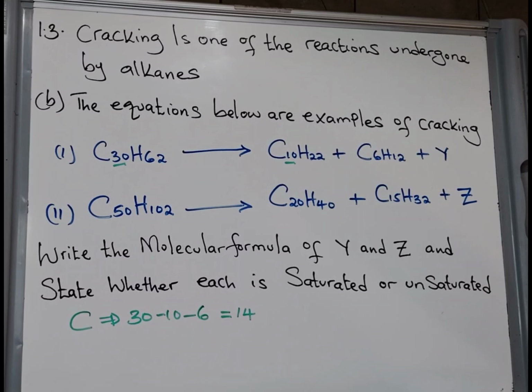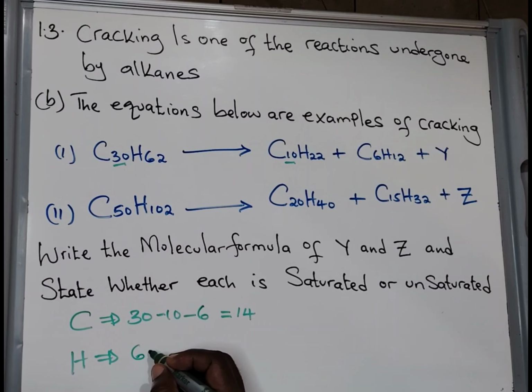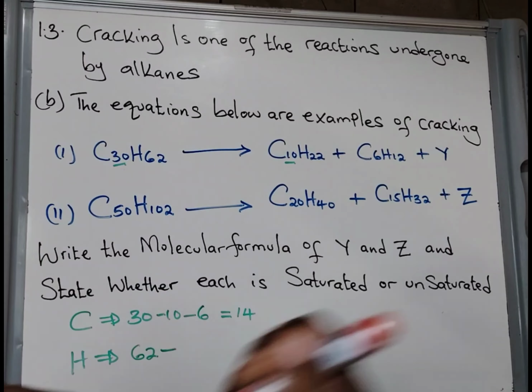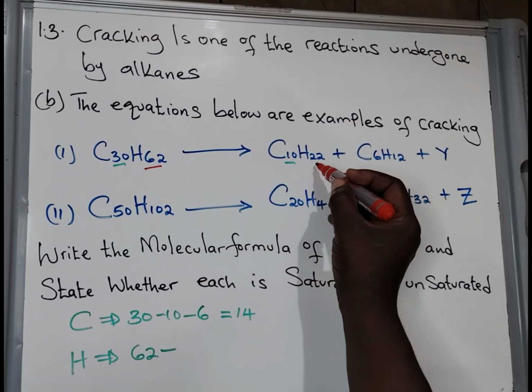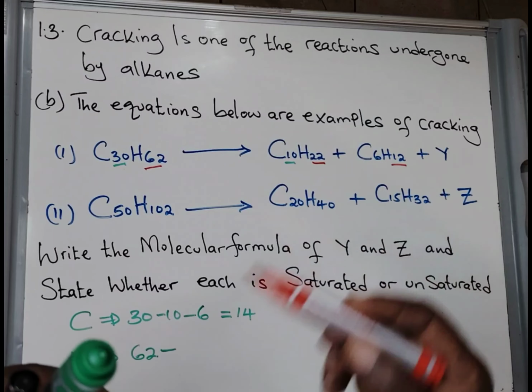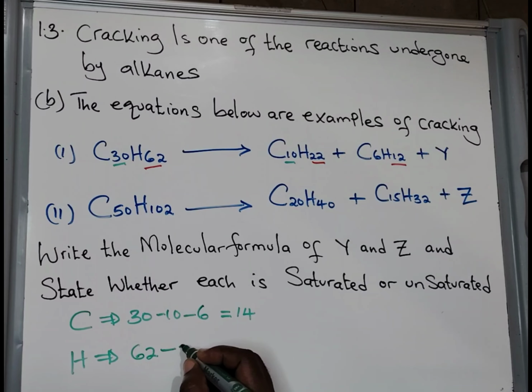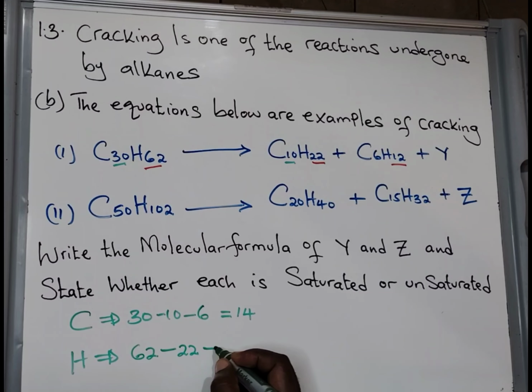Then what do you do next? Next, you go for hydrogen. So hydrogen is going to be 62, which is this one, minus this, minus that. So it's going to be 62 minus 22 minus 12.